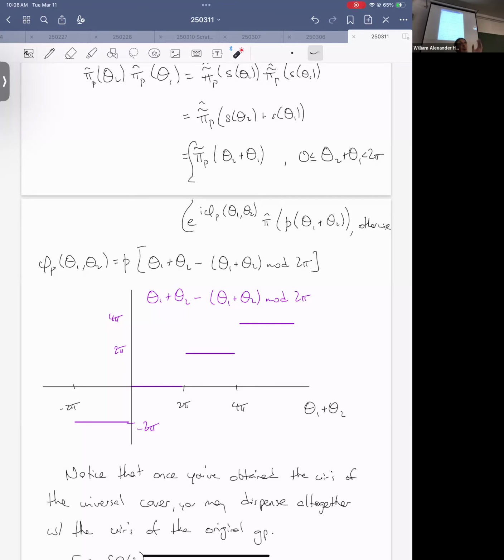Rather, the UIRs of SO3 are a discrete, countably infinite number, and you use the theorem of highest weight to find what those values are. Yes.